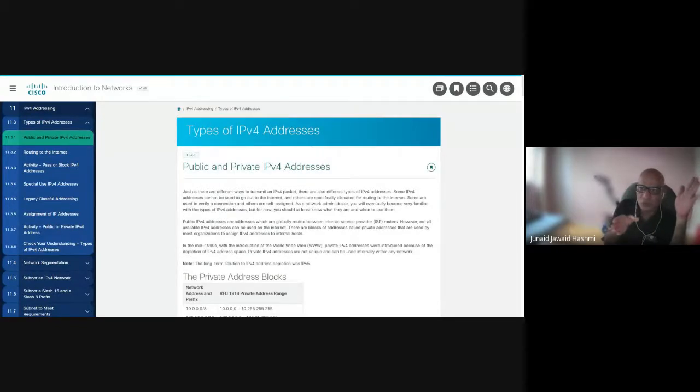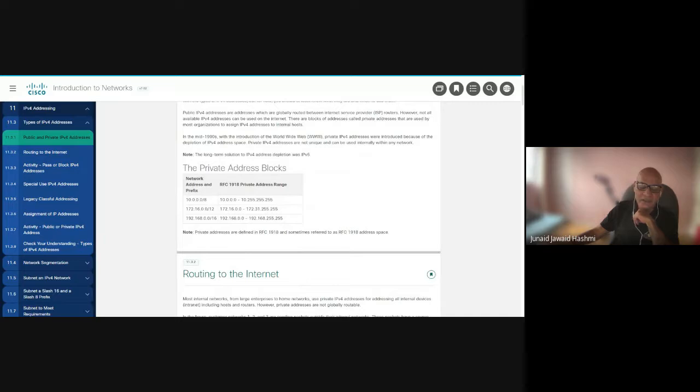So there is your own private network, then you're connected to the ISP's private network, and then the ISP connects you to the public network. So that's why the private addresses are not routable on the internet.